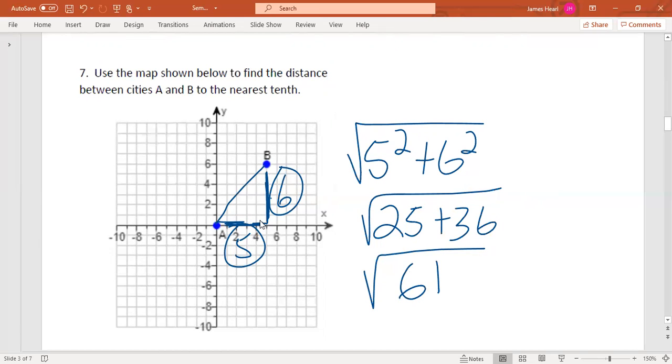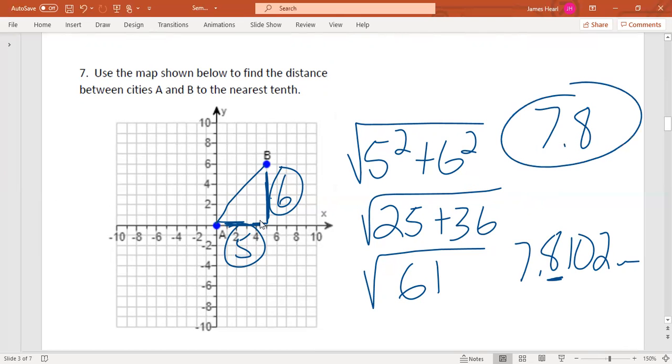Now, clearly 61 is not a perfect square, so we are going to end up with a decimal of some kind. We get 7.8102 and so on. You were asked to round it off to the nearest tenth, so 1 decimal place. We will say that these two cities are 7.8 units away from each other.